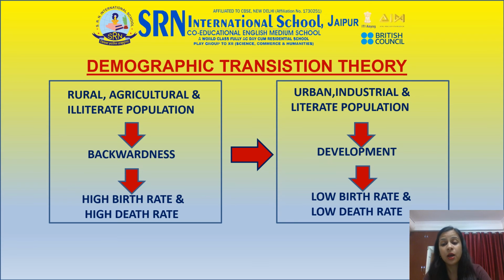This was the phase where people were experiencing a low birth rate as well as a low death rate because of the awareness that was created among themselves. That was a transition which happened many years ago and plays an important role in population change.